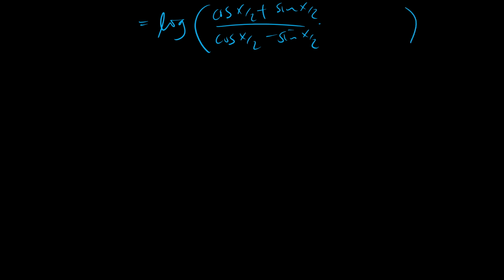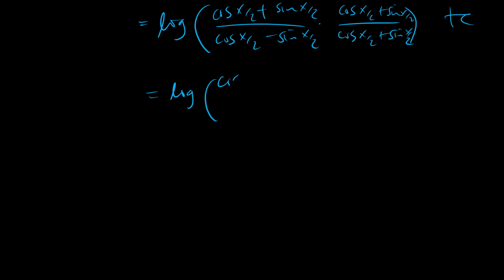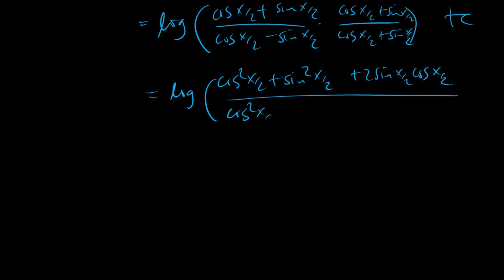Since we have log, and I'm going to write it in a funny way for now, plus c, if we multiply both the numerator and denominator by cosine x over 2 plus sine x over 2, it becomes log of cosine squared x over 2 plus sine squared x over 2 plus 2 sine x over 2 cosine of x over 2, over cosine squared x over 2 minus sine squared x over 2, plus c.